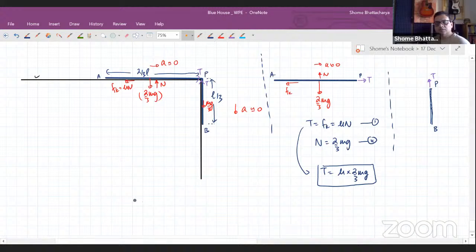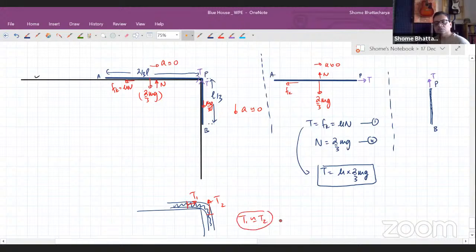Okay. So it's like this. If you magnify this part at the corner, it's like this. So we have mentally divided it into this portion and this portion. So here, if this tension is T1 and this tension is T2, T1 is equal to T2 more or less, because the mass of the section in the corner is negligible.